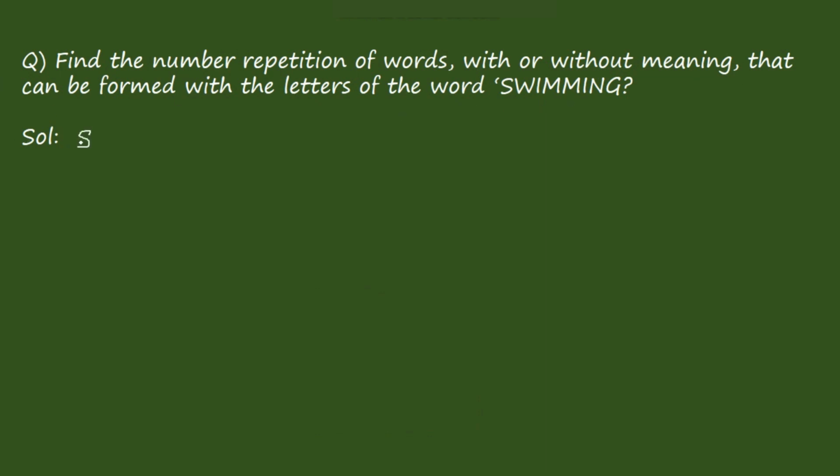The given word is SWIMMING. The number of letters is 1, 2, 3, 4, 5, 6, 7, 8, so n is equal to 8. Eight letters are given and we have to arrange them in 8 places, so r is equal to 8. Now, r is equal to n, so it becomes n to the power n only, which is 8 to the power 8.